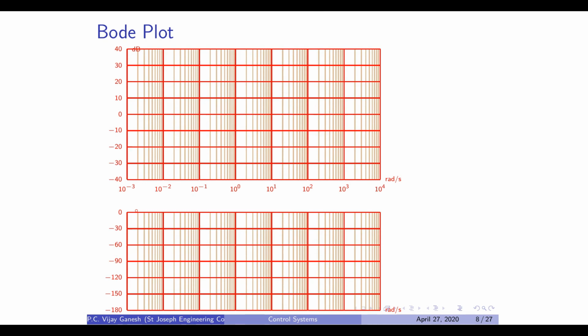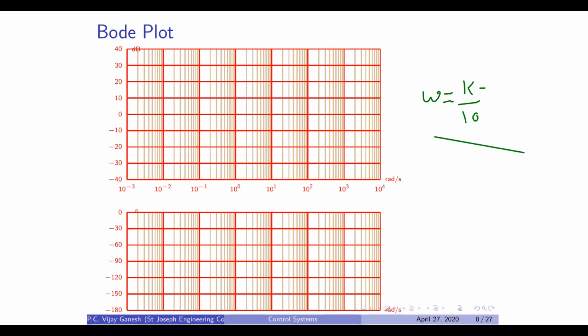As we have told, this is the semi-log graph. Let us plot for the first scenario, when omega is equal to k divided by 10.